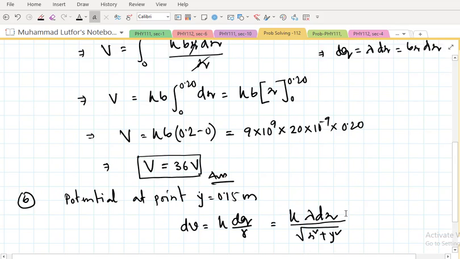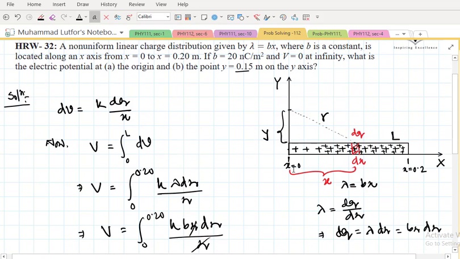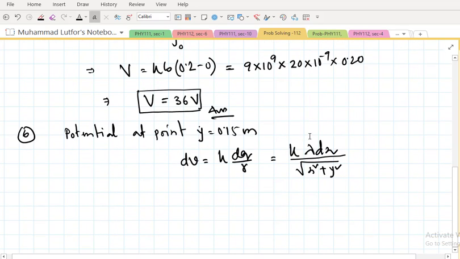You can see this from the figure. This is your x, that distance. From here we assume that distance is x, which we write over here, and this is y. Then x square plus y square would be r square.